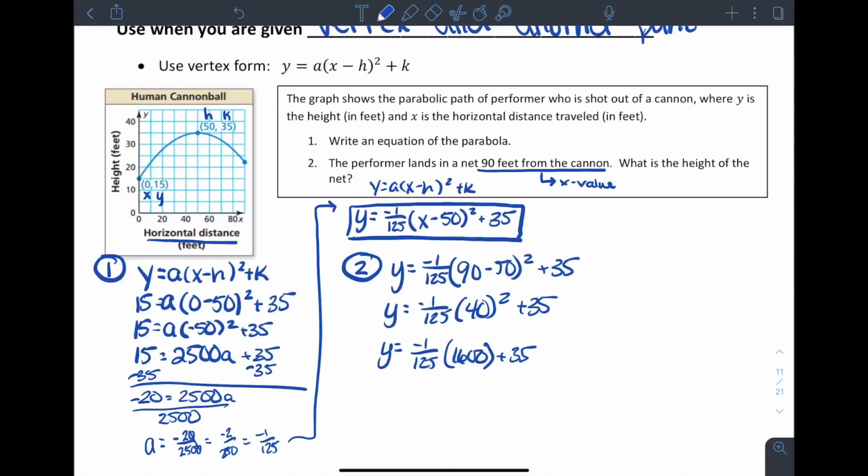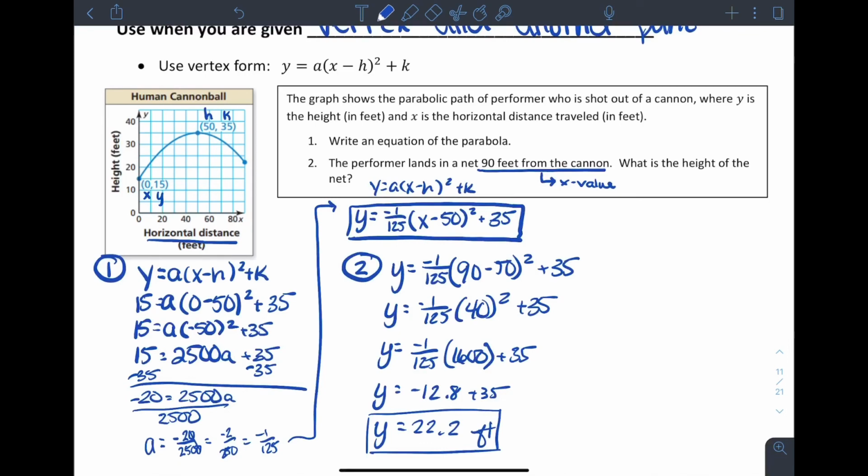So we take 1,600 and divide by negative 125, and I get y equals negative 12.8 plus 35. So now I just got to add 35 to that. So y equals 22.2 feet.